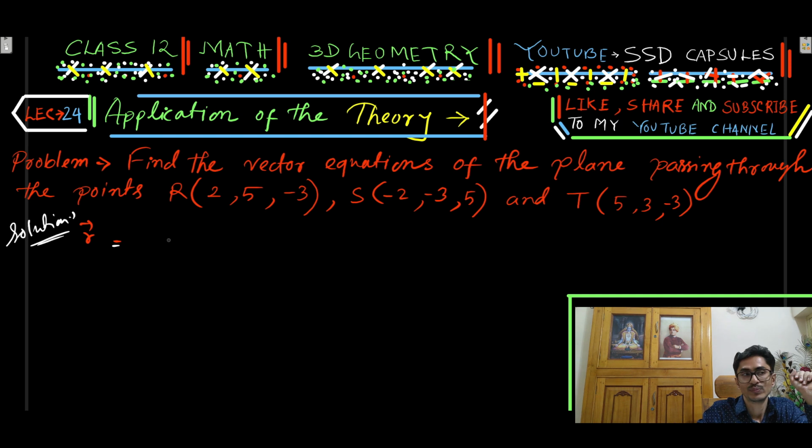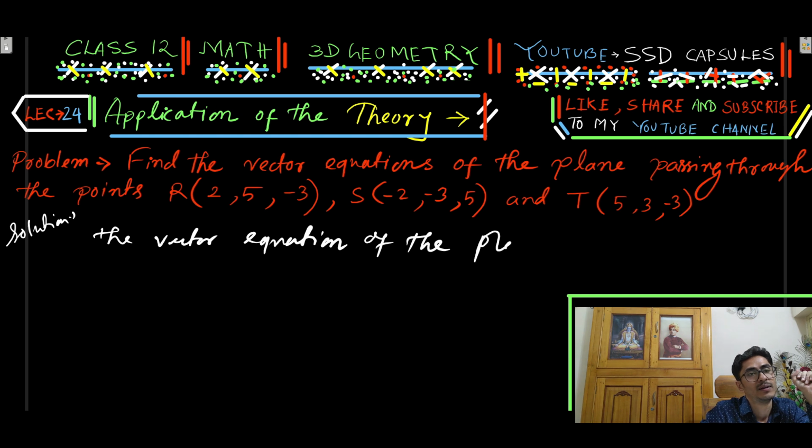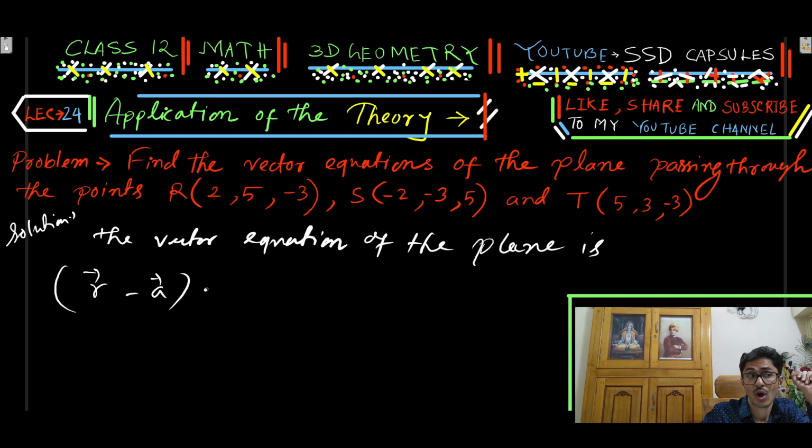So r vector equal to, what is the vector equation? The vector equation of the plane is (r vector minus a vector) dot (rs vector cross rt vector) equal to 0.